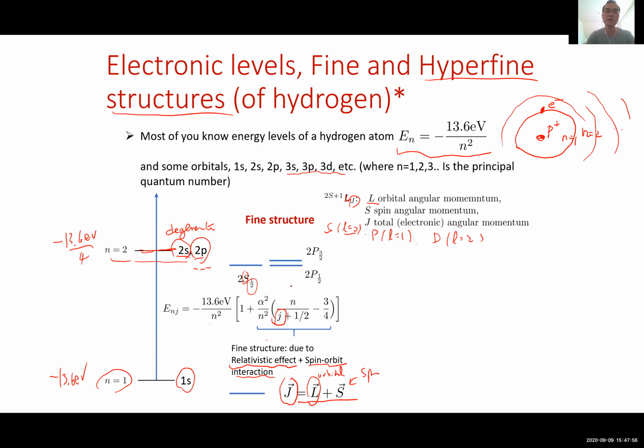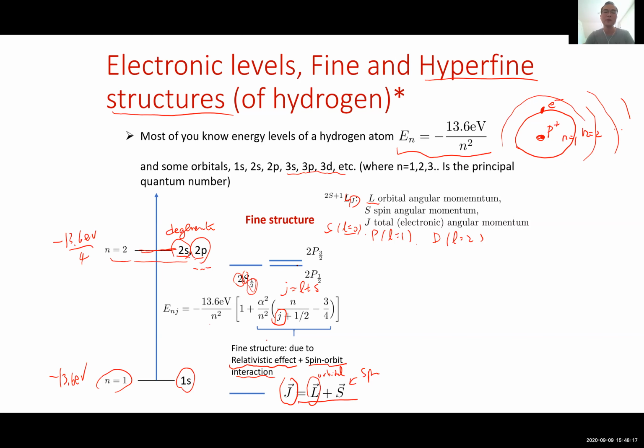So J, where I use lower j, is L plus S. Because the electron has spin 1/2, and orbital is 0, you can have 1/2. 2 is the principal quantum number.